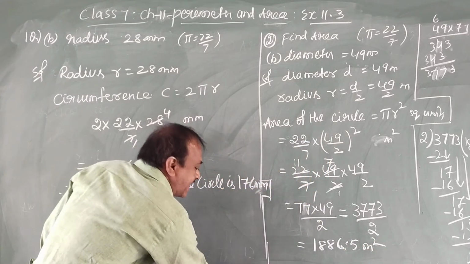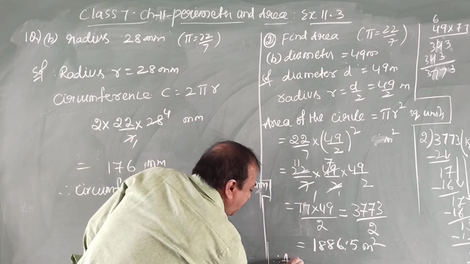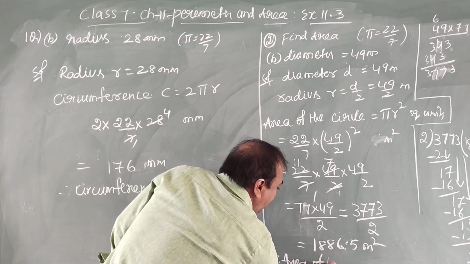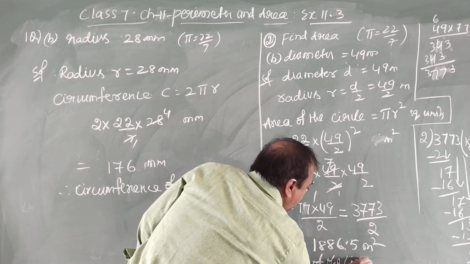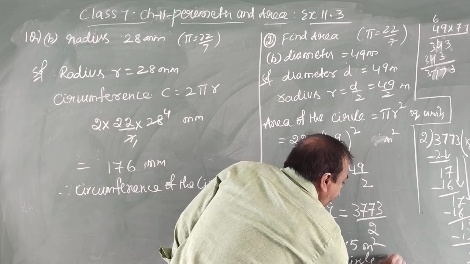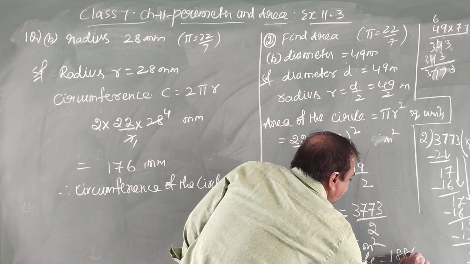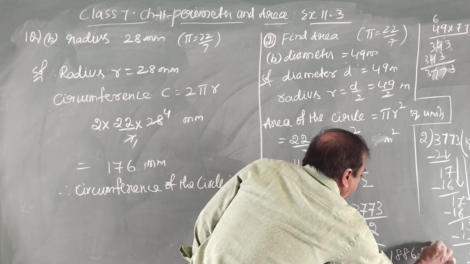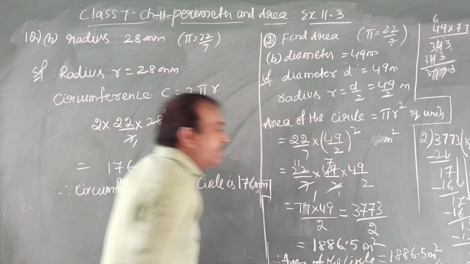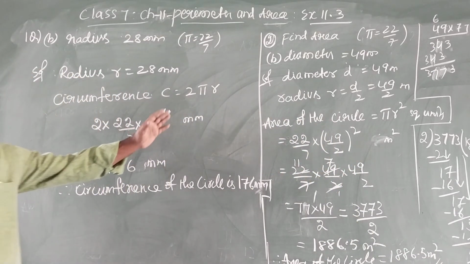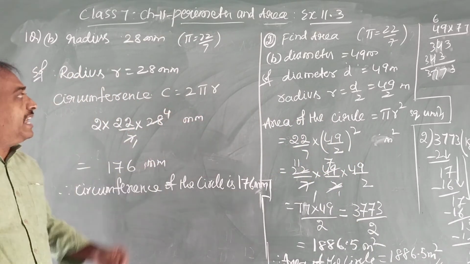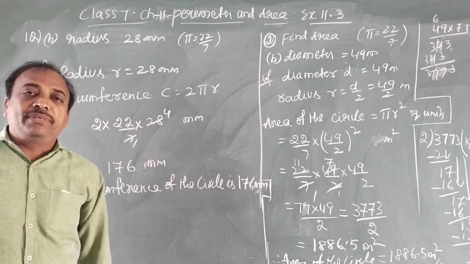Therefore, the area of the circle is 1886.5 meter square.